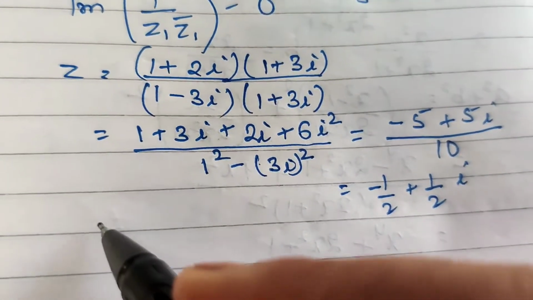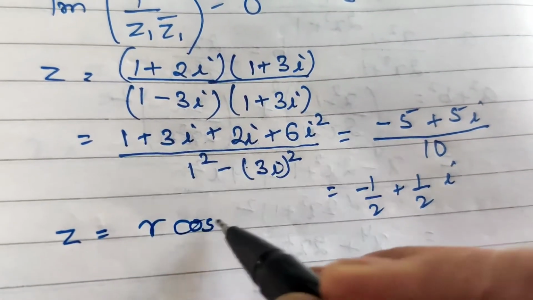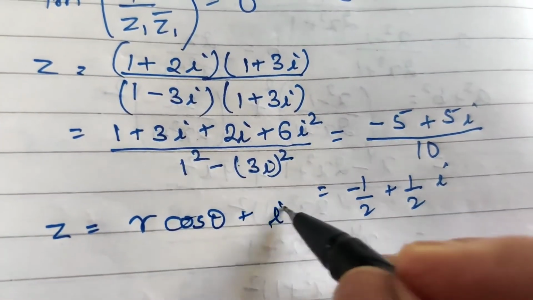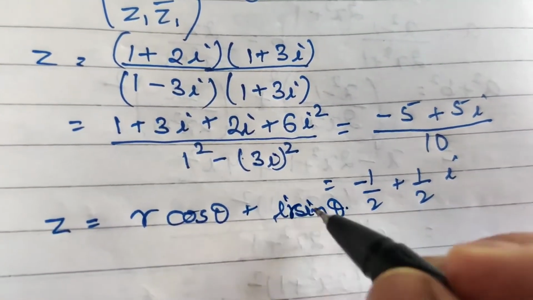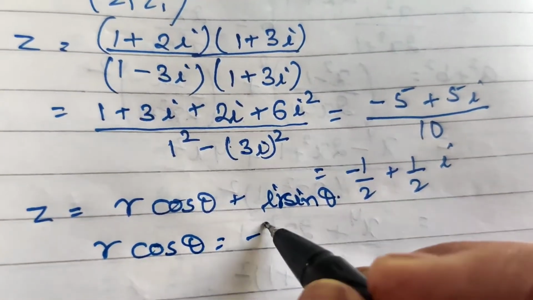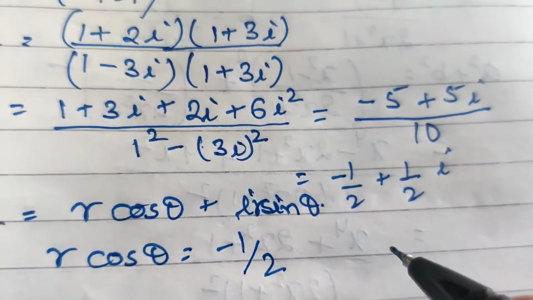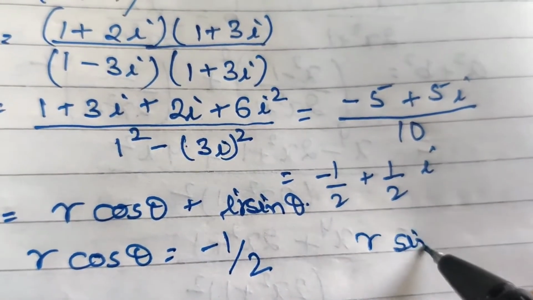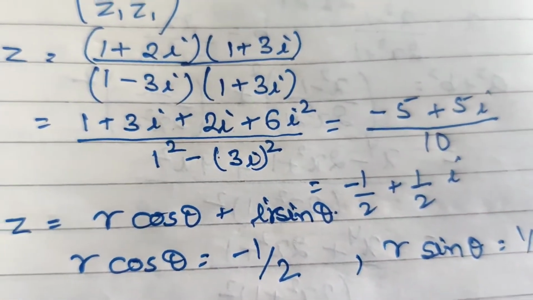Now comparing with r cos theta plus i r sin theta, we have to find the theta. Comparing these two, r cos theta equal to minus 1 by 2 and r sin theta equal to 1 by 2. First we have to find the r.